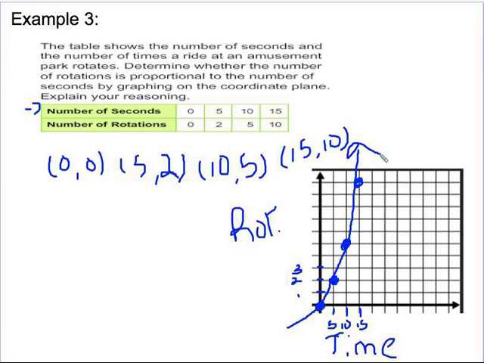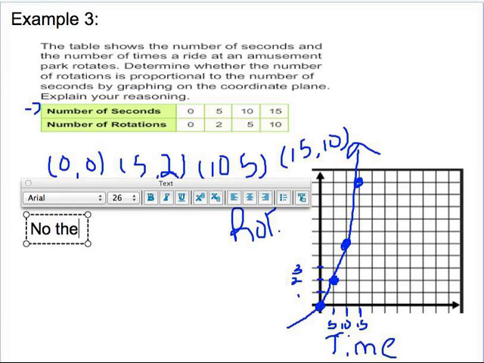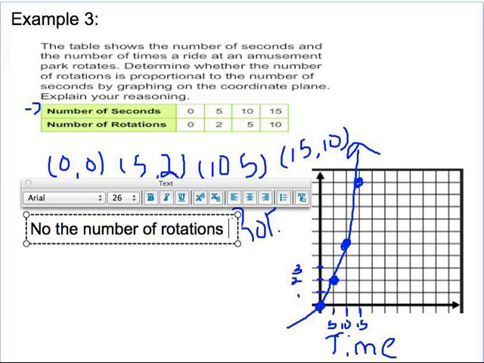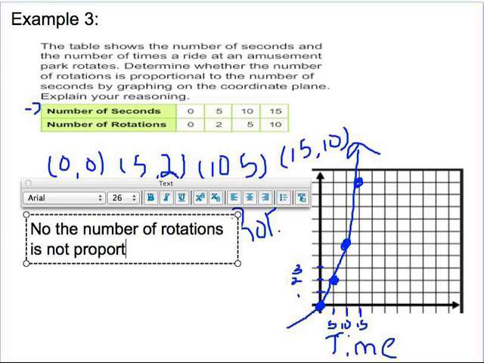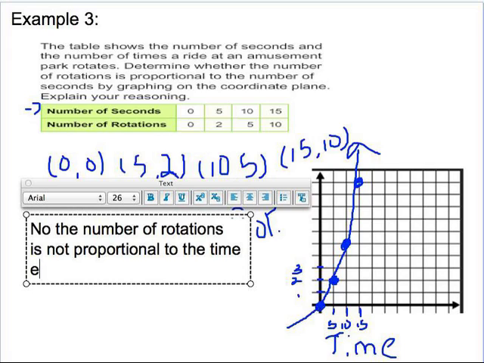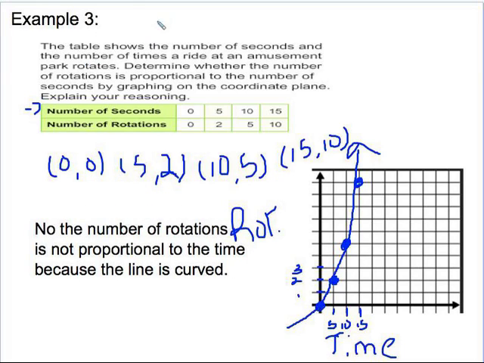So we would say in this case, again, that this is not a proportional relationship. No, the number of rotations is not proportional to the time because the line is curved. Not a straight line. It does go through the origin, but unlike the last one, it is a curved line.